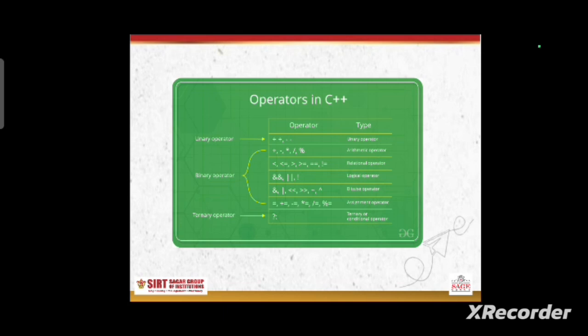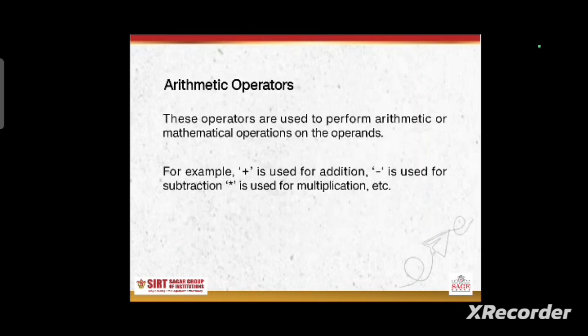And, or, not are the logical operators, which are again part of binary operators. The bitwise operators and assignment operators are also in the category of binary operators. And if I'm talking about the conditional operators, for the conditions we use the question mark and colon. So these are the ternary operators. So these are the categories of operators: unary, binary, and ternary.